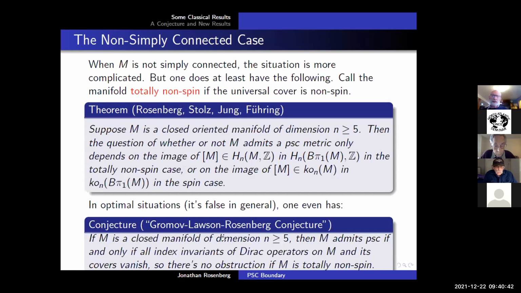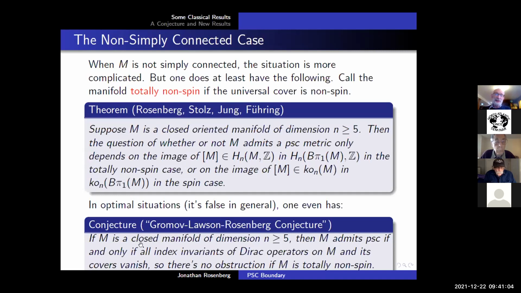Okay, so now, even though it's false in general, there's a statement which is useful to think about, which has come to be known as the Gromov-Lawson-Rosenberg conjecture. I didn't invent this name, but that seems to be what people call it.